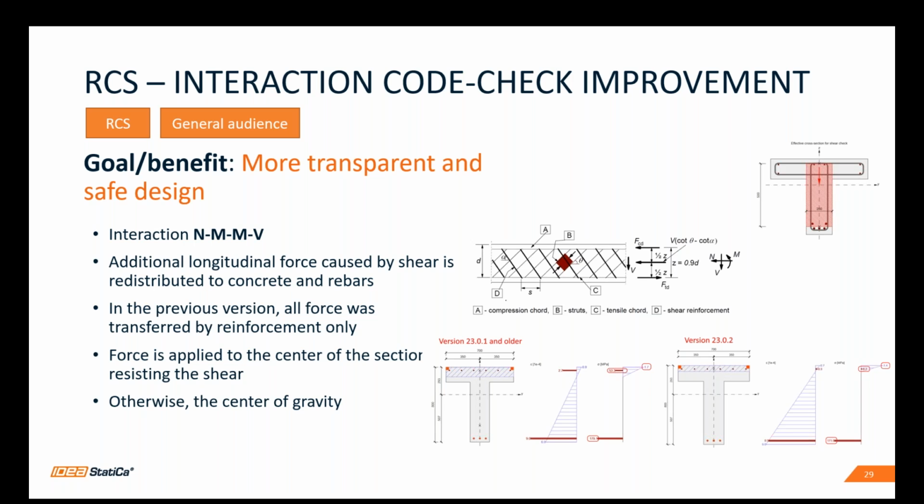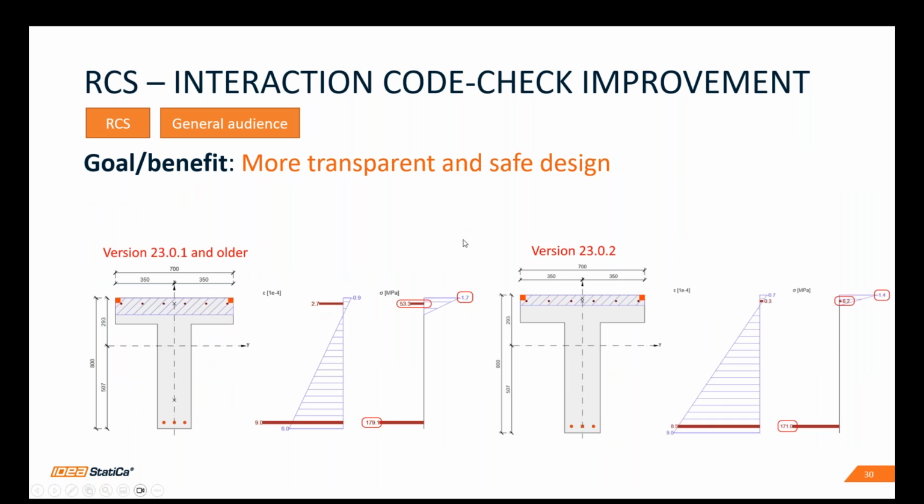And where the force is, let's say, located: the force is located in the center of the section that is resisting the shear. If I take the laser, this is the area where the longitudinal shear force is applied, at the center of this area. And if the software doesn't find this resisting shear area, it is applied to the center of gravity of the section itself.